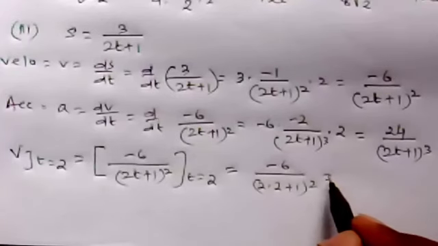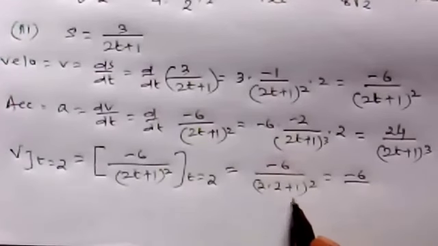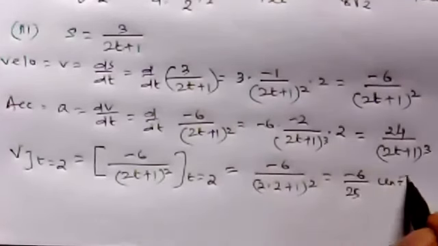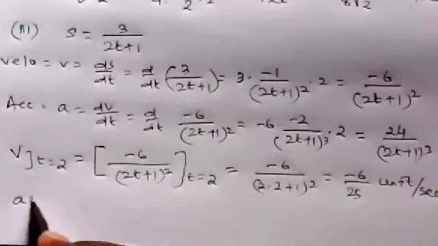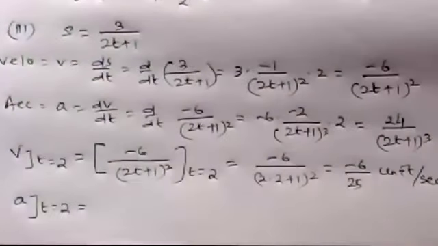So this will be -6/(4+1 is 5, and 5 squared is 25), and this is unit per second.